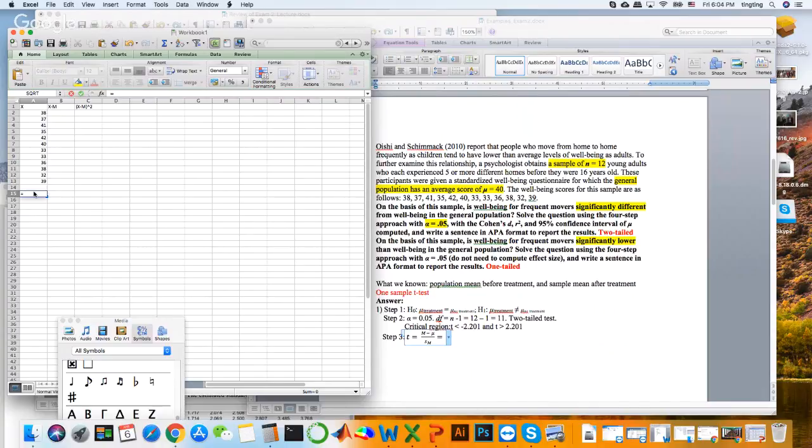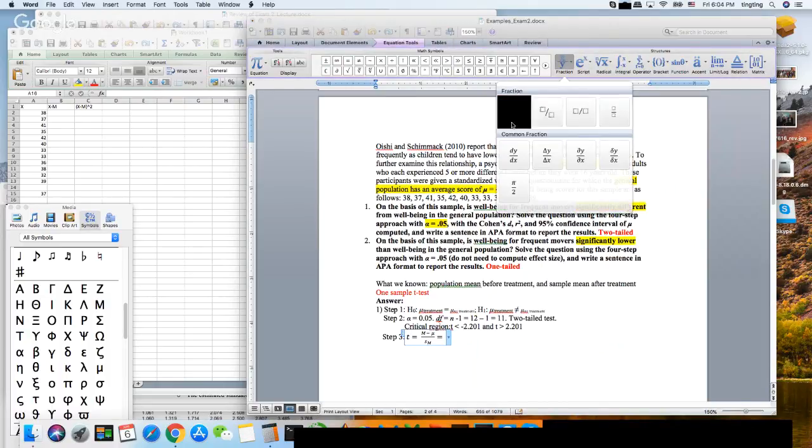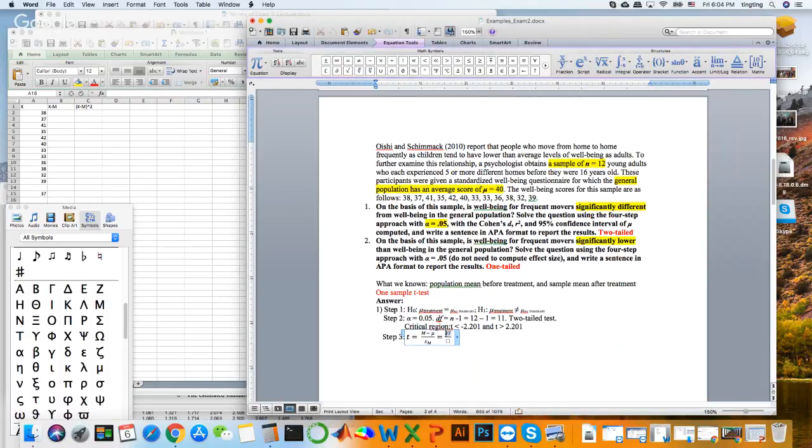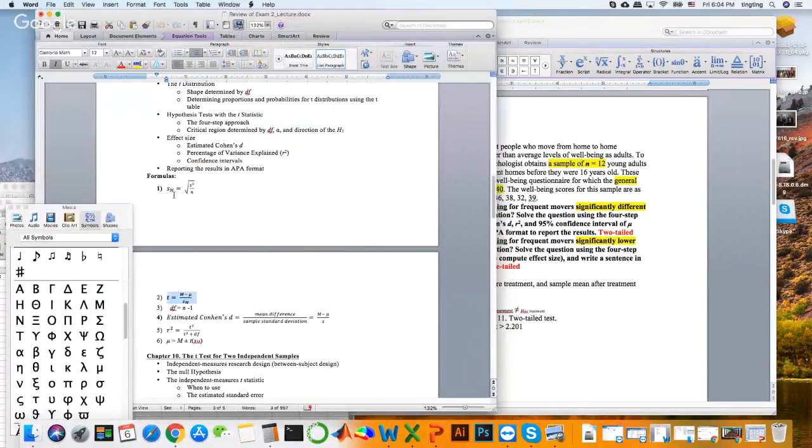I assume everybody knows how to compute the sample mean. Okay, the sample mean equals 37 minus the population mean we know, which is 40, but we don't know the SM, the standard error of the mean. How to compute the standard error of the mean?